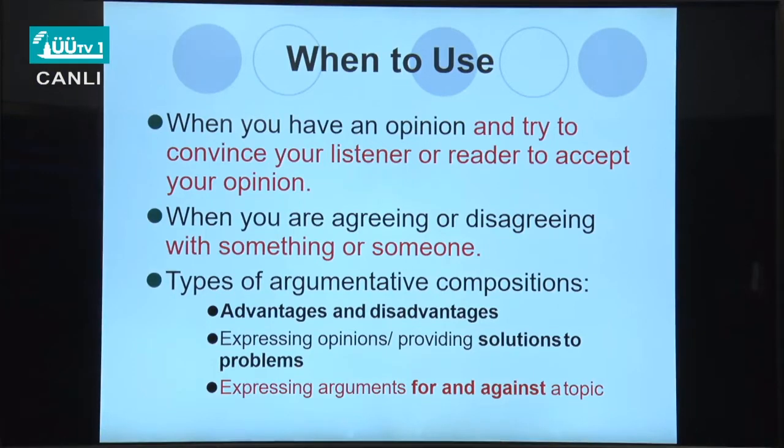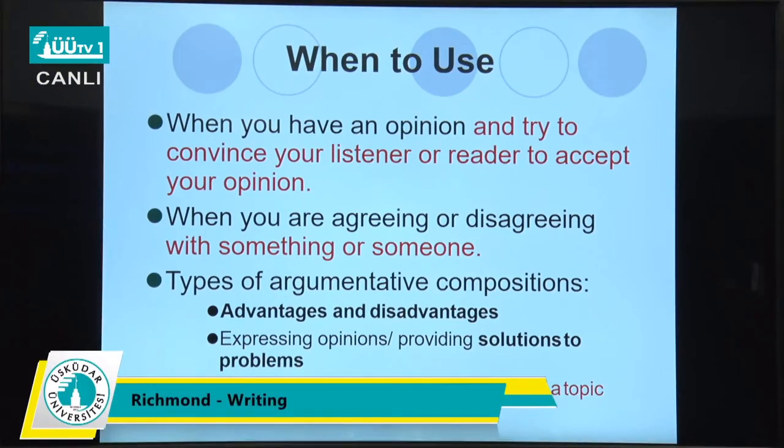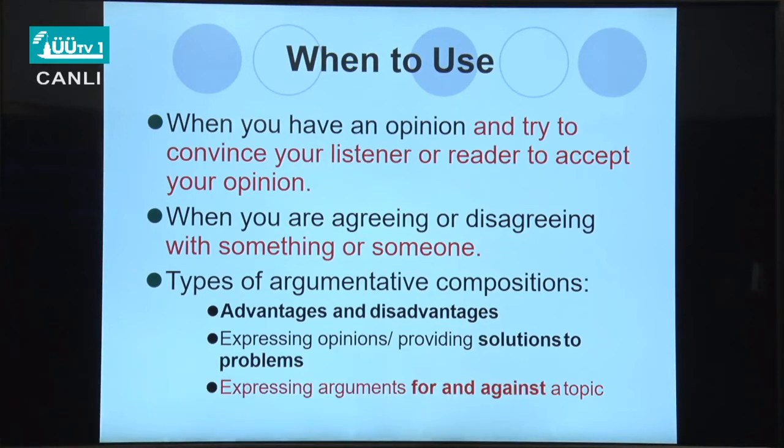We use this type of essay when we have an opinion and when we try to convince our listener or reader to accept our opinion, and when we are agreeing or disagreeing with something or someone. So we understand that for argumentative essays there should be two different opinions, two sides of some idea.